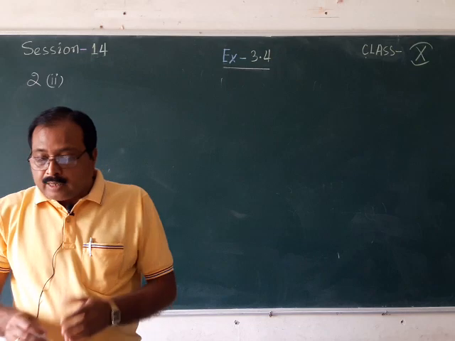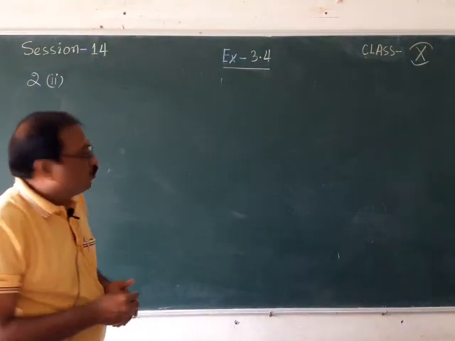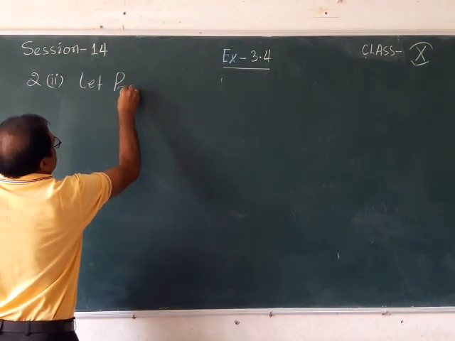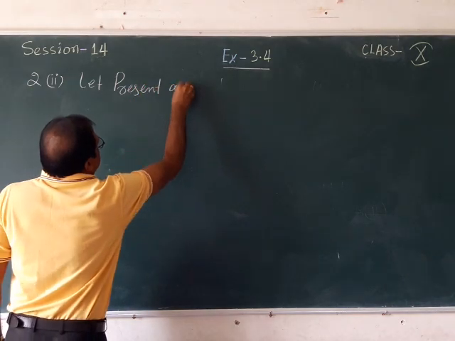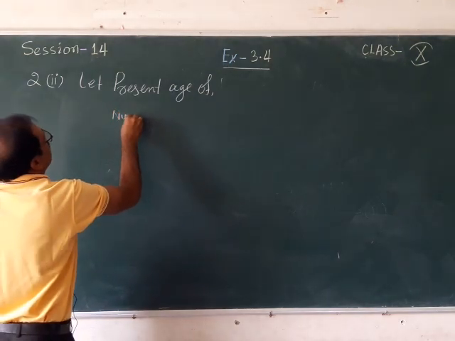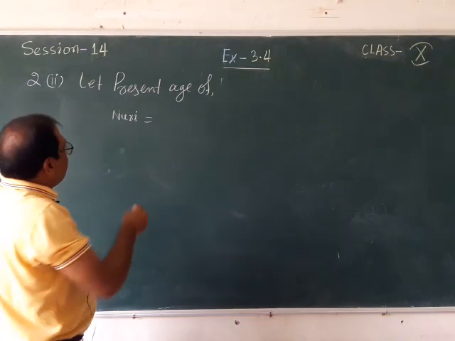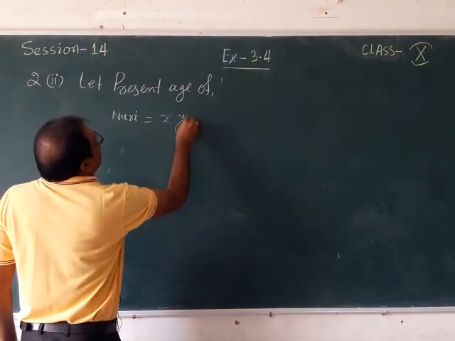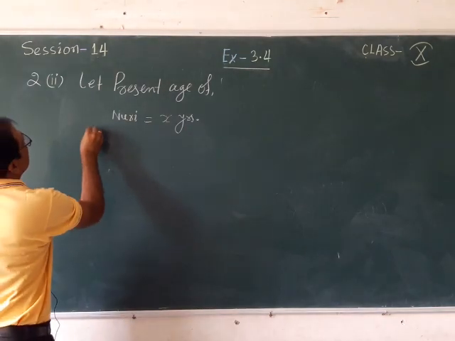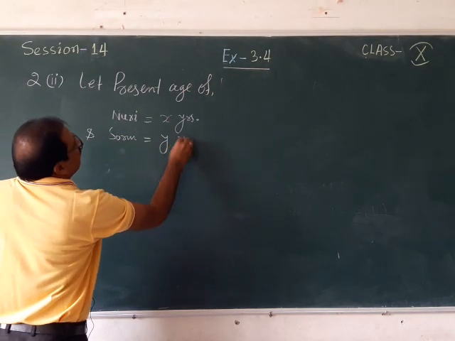So here what to take? We have to let the present age of Nuri and the present age of Sonu. So let the present age of Nuri, I am taking as x years, and Sonu's present age is y years.